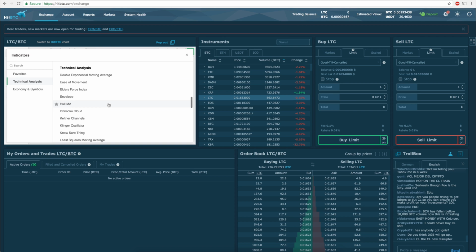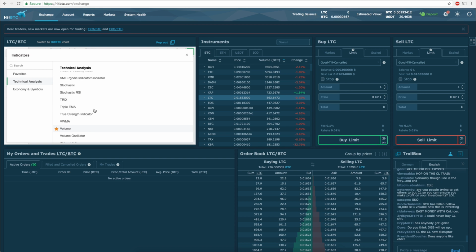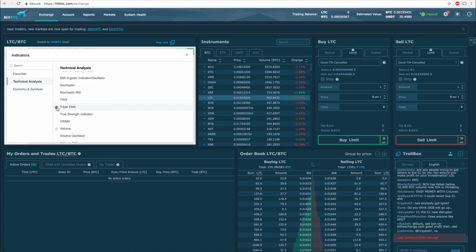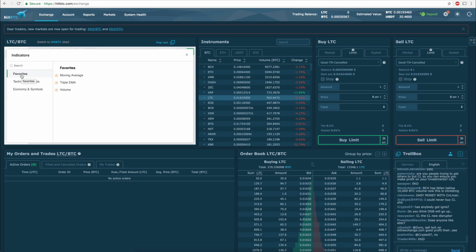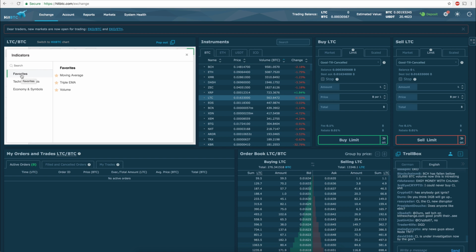For example, you can go down and you can see the moving average and a lot of other things like the volume as well, and you can favorite the ones that you use often or the ones that you like, and they'll just go into your favorites tab, so you can easily access them whenever you want on any of the pairs.